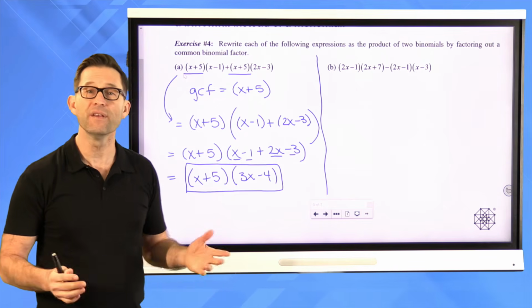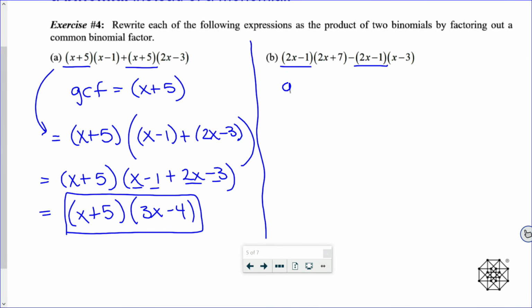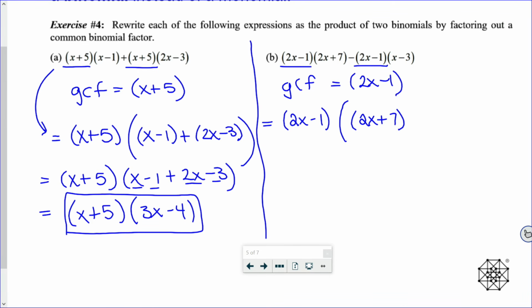All right, in this case, our GCF is 2x minus 1. So I'm going to rewrite this entire expression as 2x minus 1 times 2x plus 7 minus x minus 3. All right.